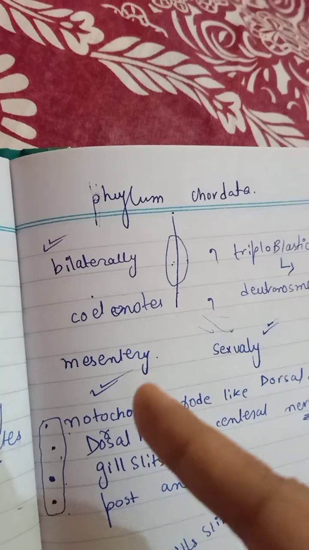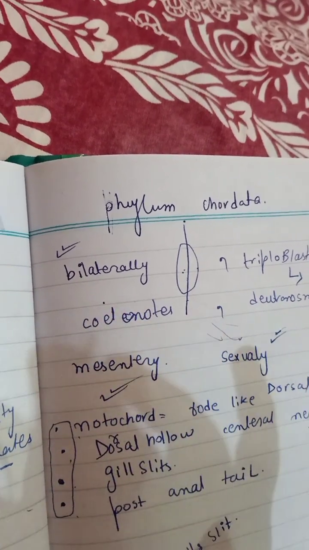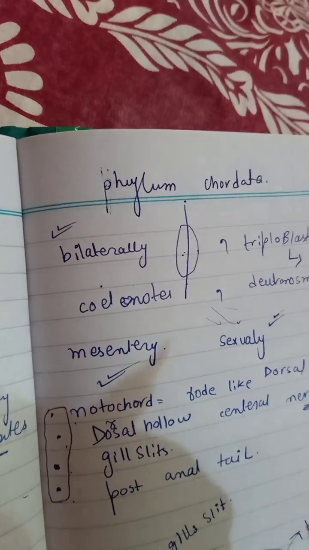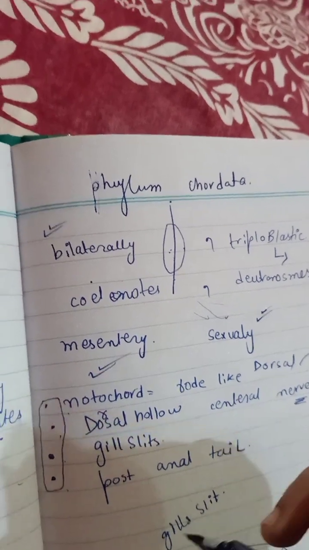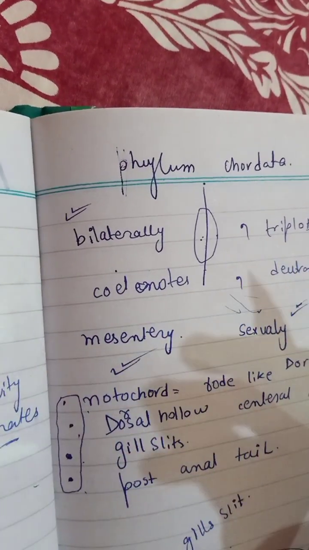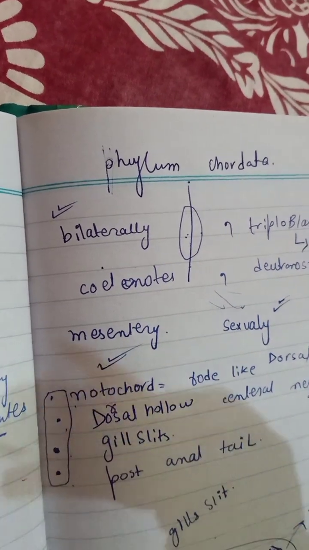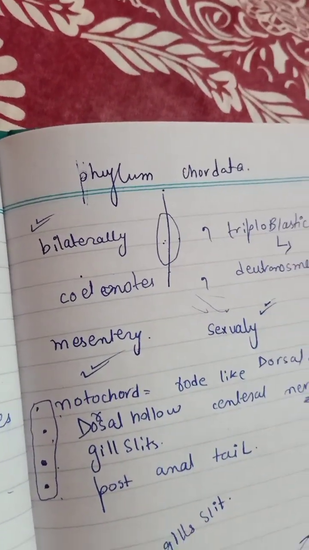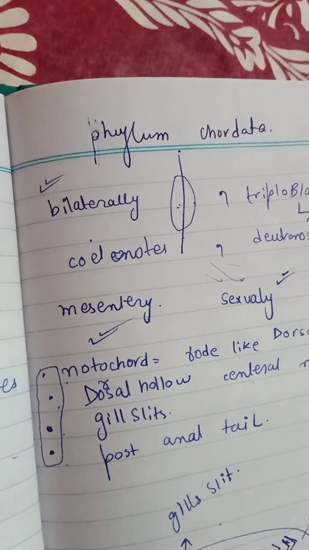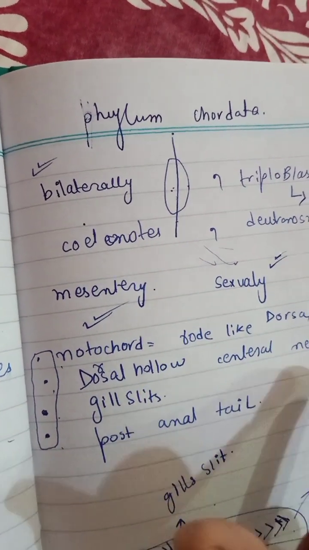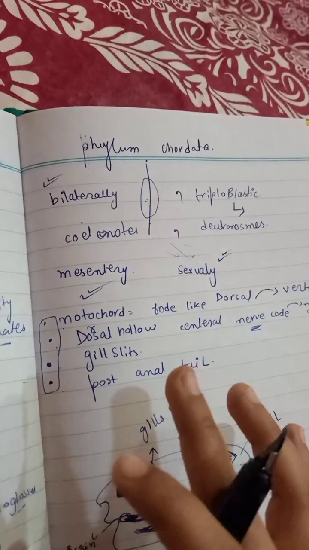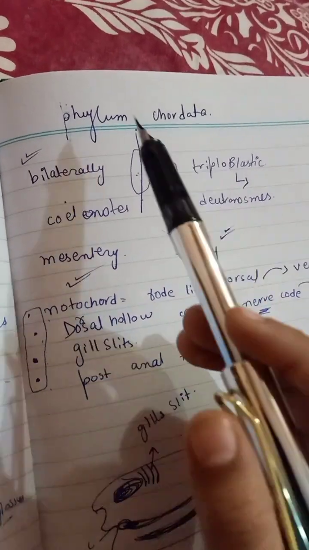So that was about the phylum Chordata, which means they are vertebrates. Normally they have a heart, intestine, brain, mouth, tail, muscular segments, pharynx, nerve cord, and notochord. These were all the characteristics of the phylum Chordata.